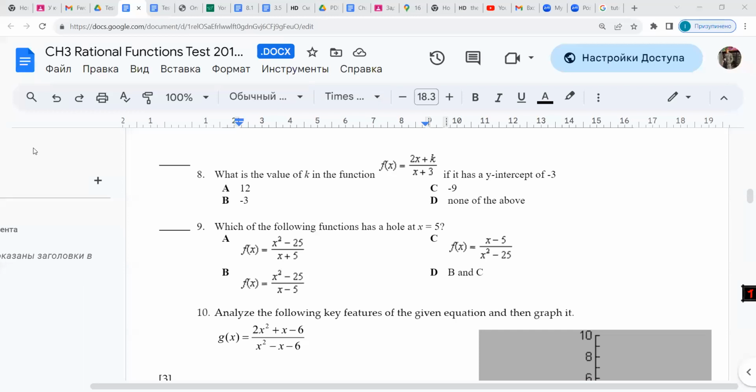Okay, so what we have to do is to look for the common factors in our rational functions. In this particular example, it says that the hole appears at x equals 5.